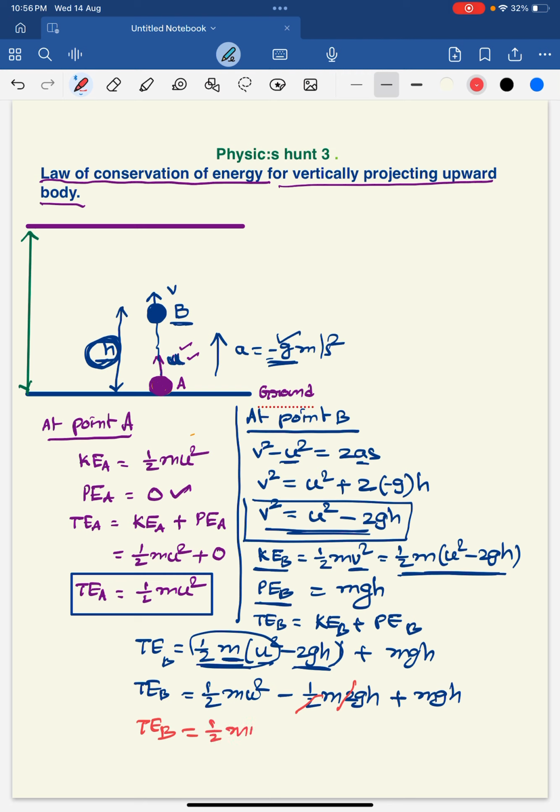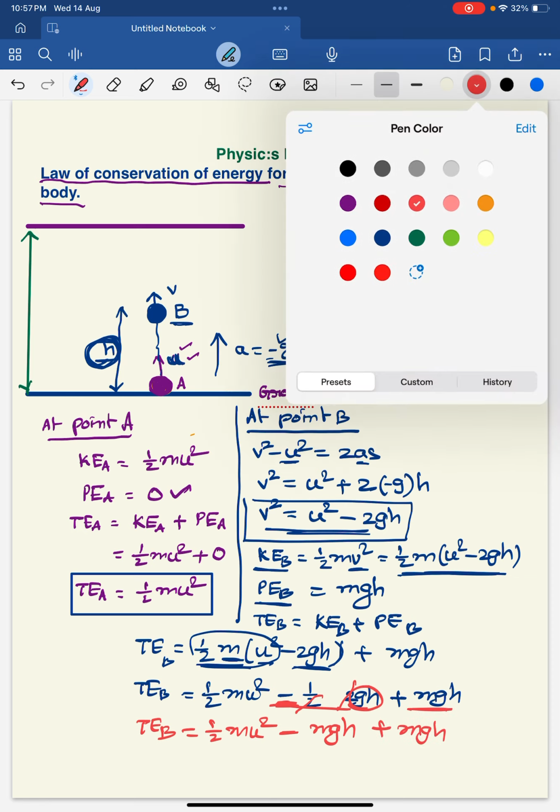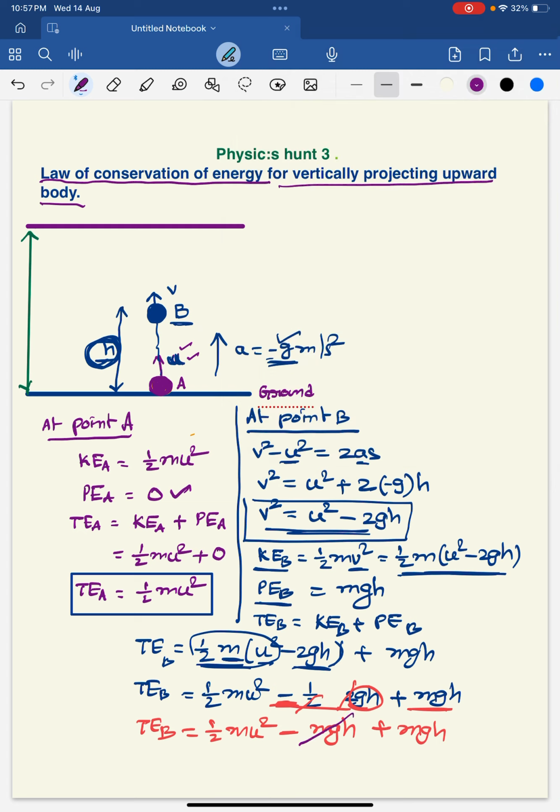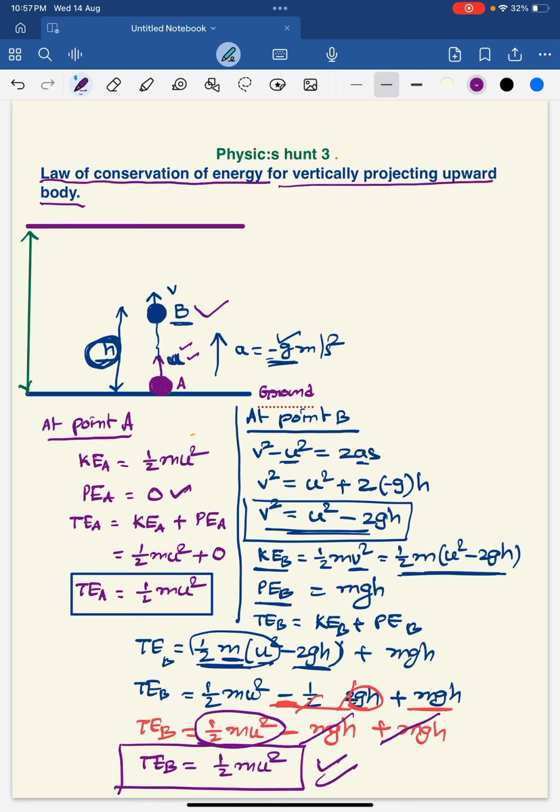The rest of the equation: total energy at point B is equal to half mu square minus mgh plus mgh. Here minus mgh and plus mgh cancel, so total energy at point B is equal to only half mu square. So this is the total energy at point B.